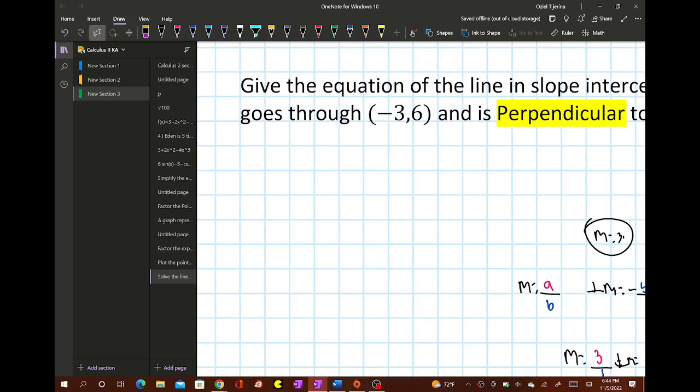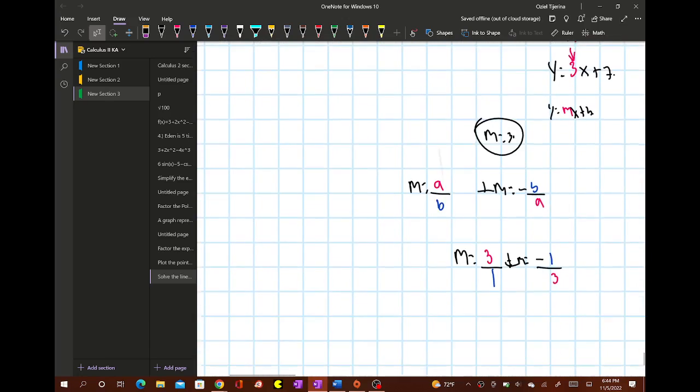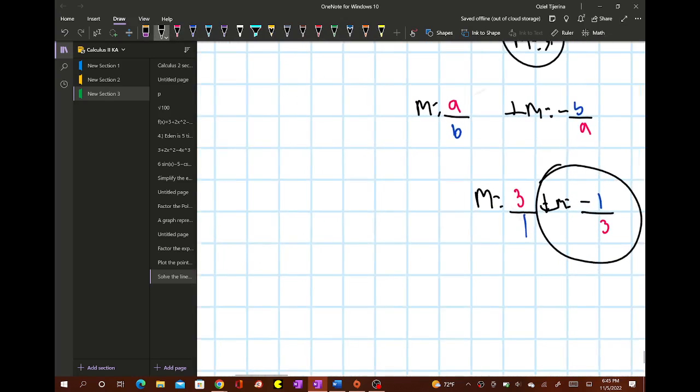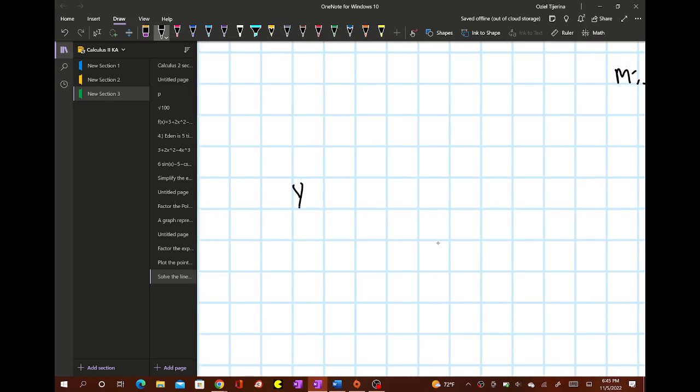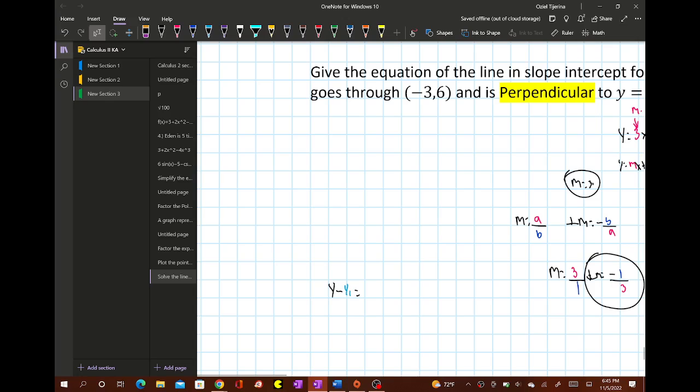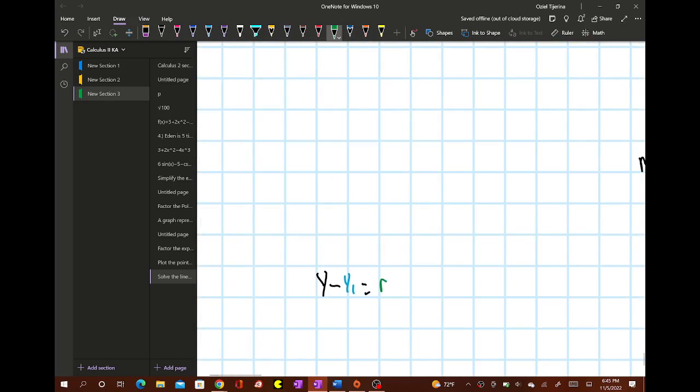Okay, so we know the perpendicular slope now, but let's look at this other part. It says goes through negative 3 comma 6. So using this new slope, we can use the point slope form: y minus y1 equals, and I'll put m in green, m times x minus x1, right?